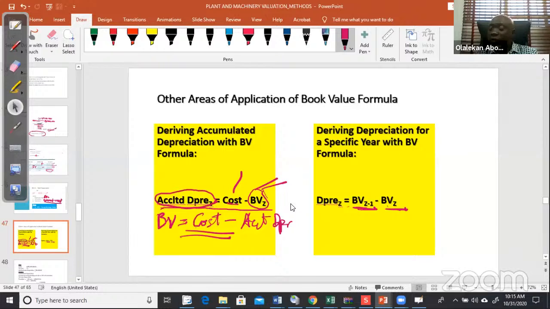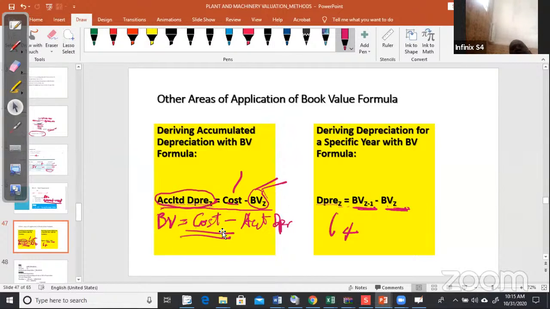Don't forget that book value for year 3 will be more than book value for year 4. So from the book value of year 3, you remove the book value of year 4. It will give you the depreciation for year 4. I think I demonstrated that in another worked example. So let's quickly go for that to see it.